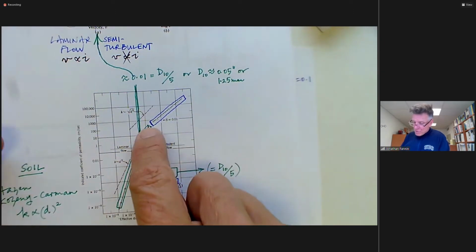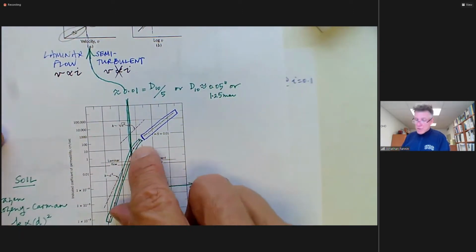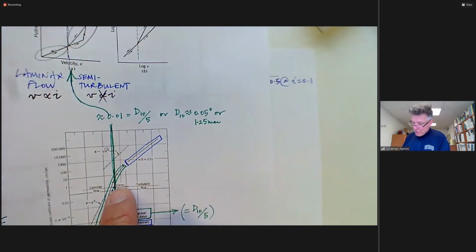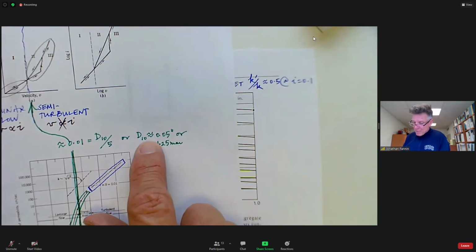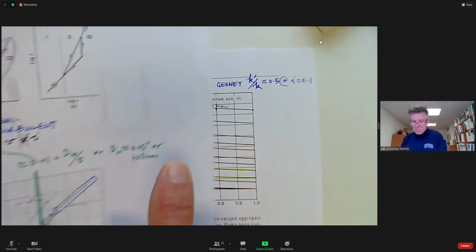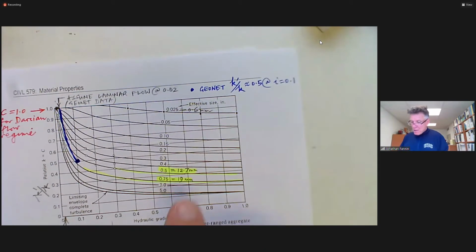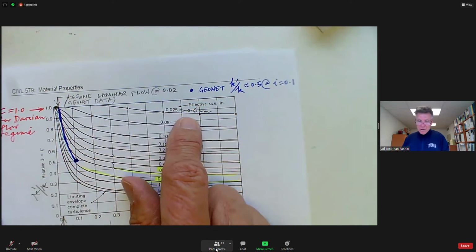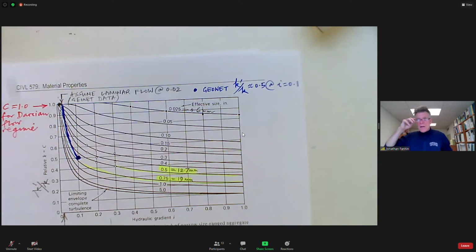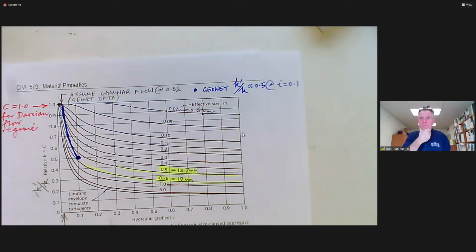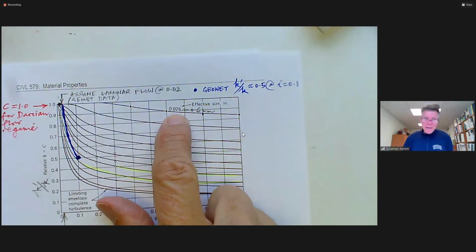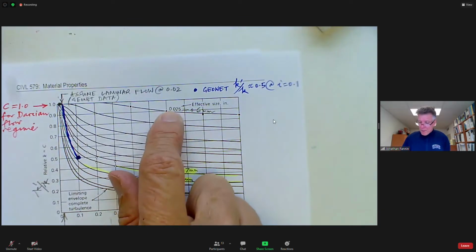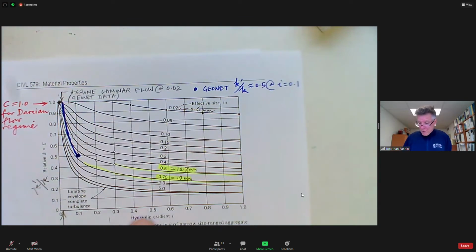And this chart was implying that the transition from laminar flow to semi-turbulent flow was occurring at a D10 of about 1 millimeter or so. These data are implying that the semi-turbulent flow is kicking in, by and large, in and around 1 millimeter. So it's not a bad number to consider the grain size at which you would say, I'm mindful it's non-Darcian flow. Whether or not that's going to make a big difference would depend on the hydraulic gradients that you're looking at.